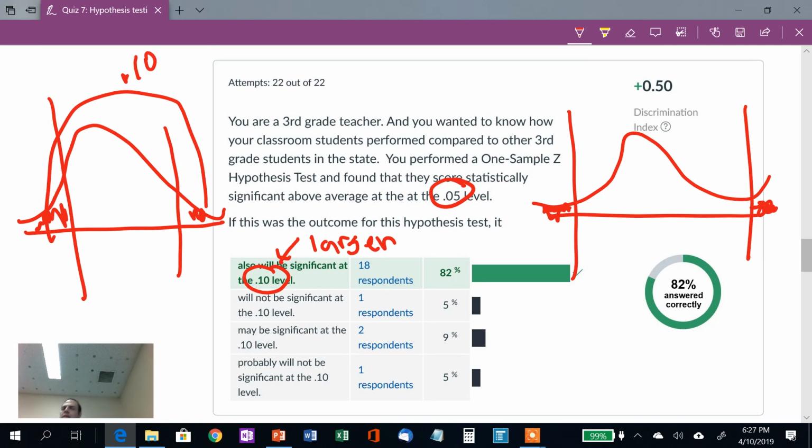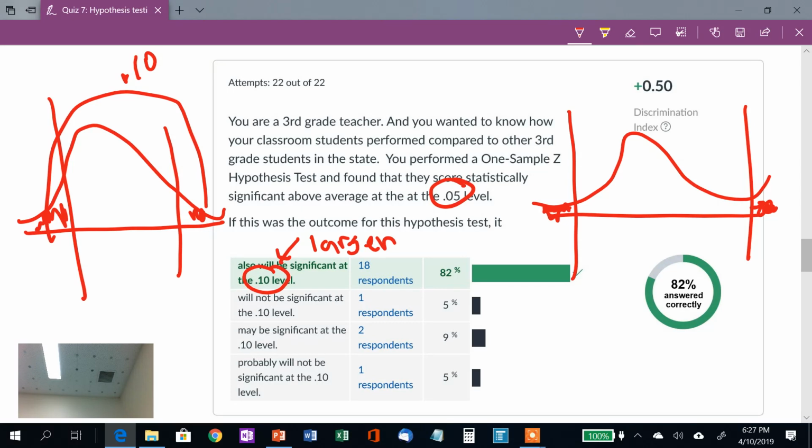Okay. So if it's significant at this level, there's more likelihood that the sample will land in a larger region compared to the one which is less.